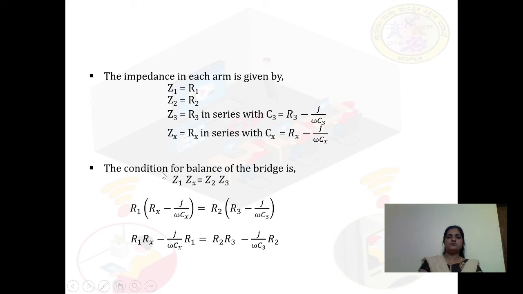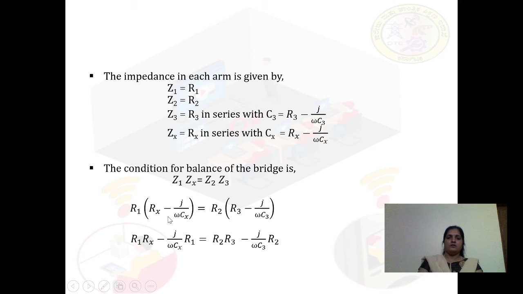Coming to the bridge balance equation, Z1 into Zx is equal to Z2 into Z3. By substituting the impedance of each arm in this balance condition, Z1 is equal to R1, Zx is Rx minus j divided by omega Cx, and this is equal to Z2, which is R2, multiplied by the value of Z3 that has been provided.